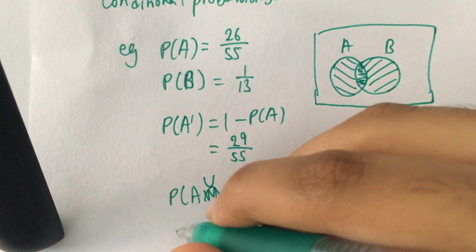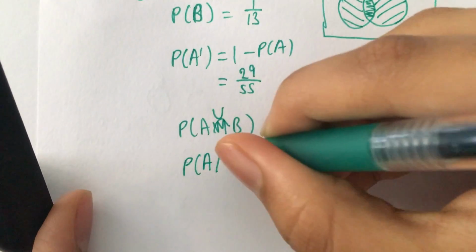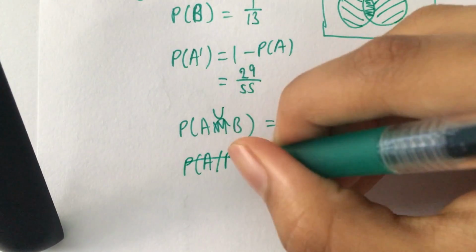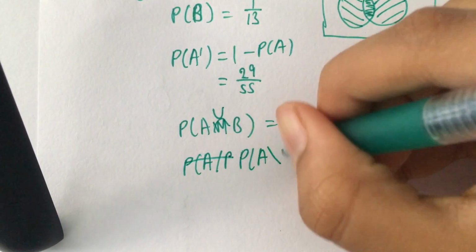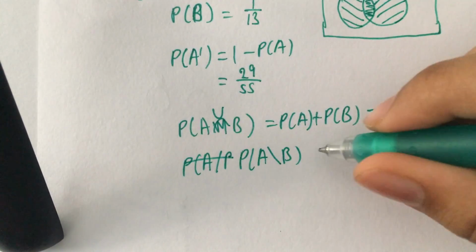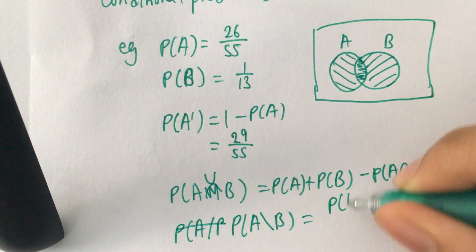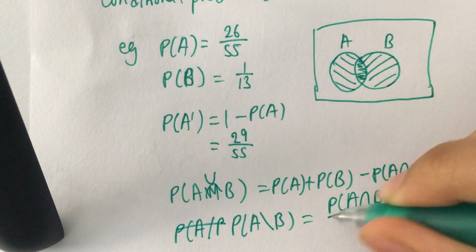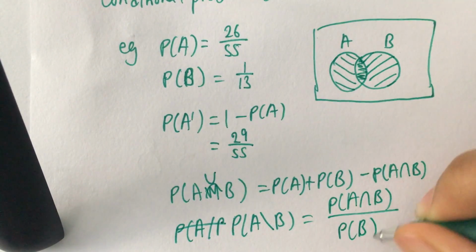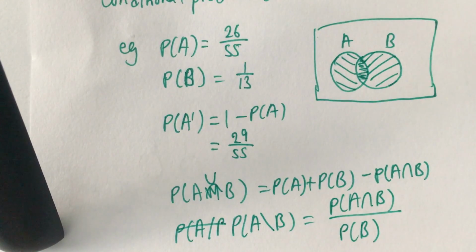Probability of A given B is equal to the probability of A intersect B over the probability of B. Let me dissect this for a second, because I'm pretty sure some of you might not have gotten this even after your lecture.